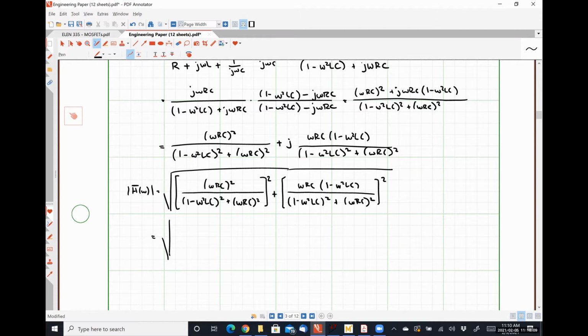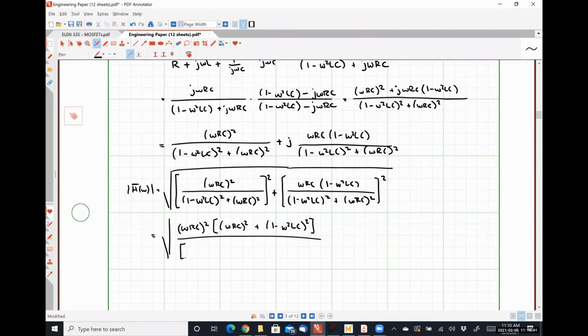So I'm going to say that we're going to have omega RC quantity squared multiplied by omega RC quantity squared plus 1 minus omega squared LC quantity squared, divided by 1 minus omega squared LC squared plus omega RC squared, this whole thing squared.